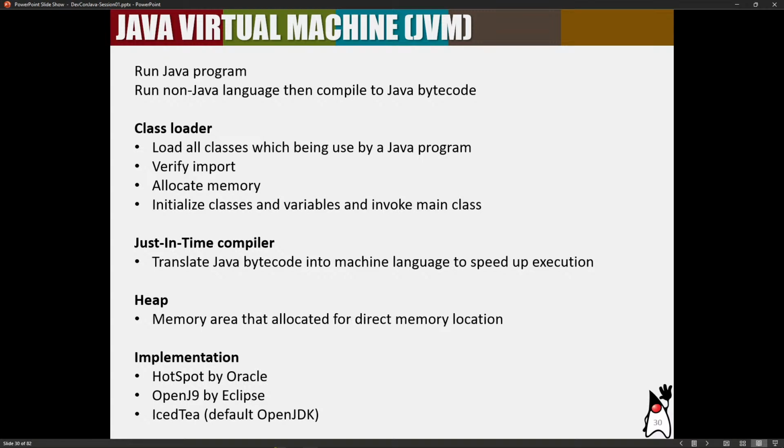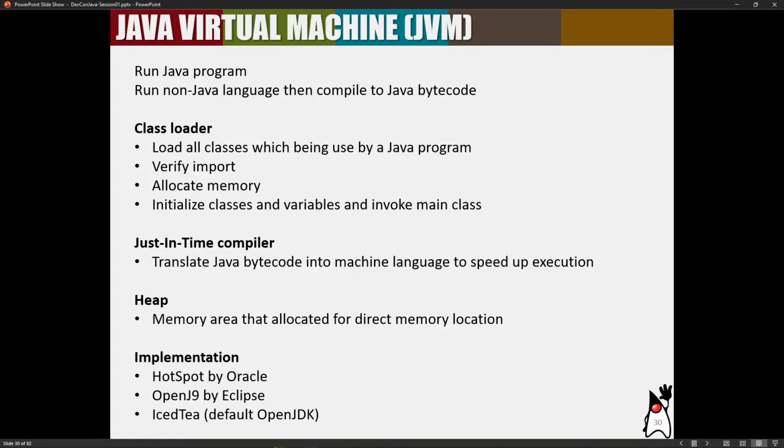Okay, so within the JVM there are several components. There is the class loader, which is how the Java virtual machine finds your code and then executes it. Then the just-in-time compiler, which translates the Java bytecode that you compiled earlier into machine language.